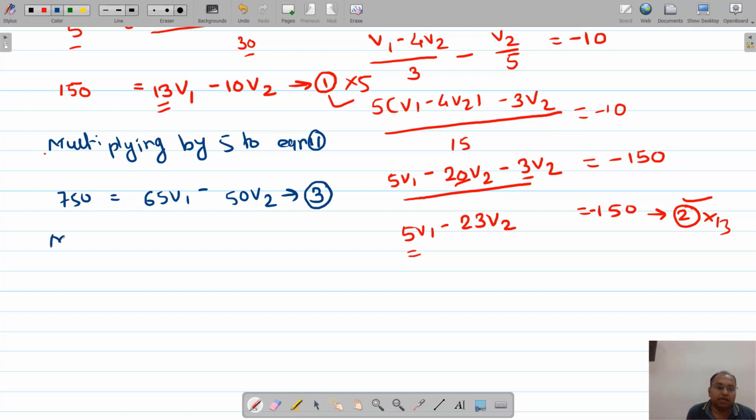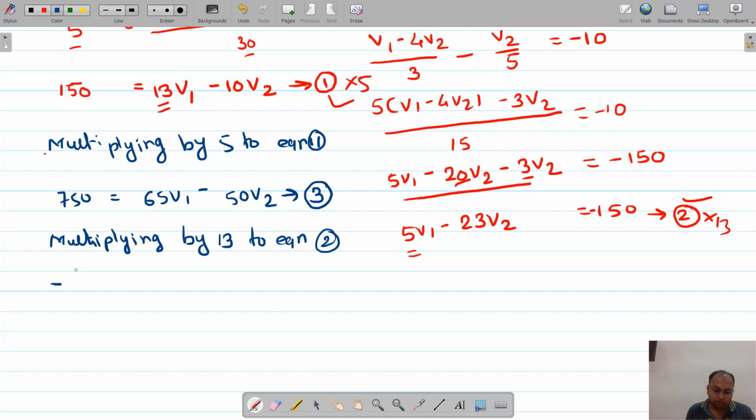Fine. Now multiplying by 13 to equation 2. Is that fine? So let us do it. Let me write it as it is like this, 150 into 13, how much will it be? Let me calculate it.